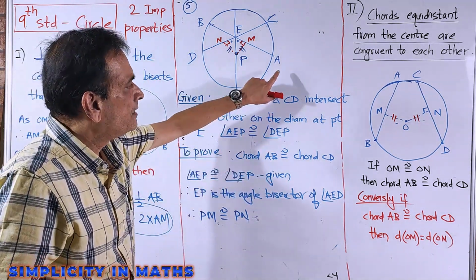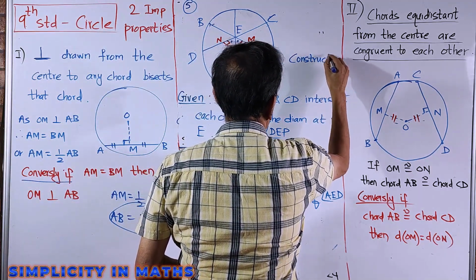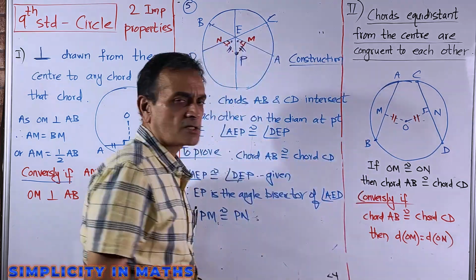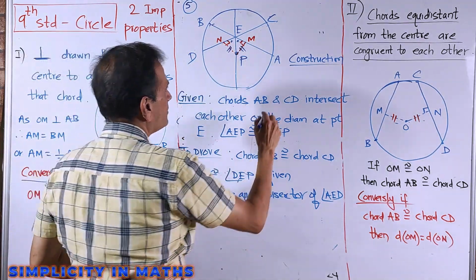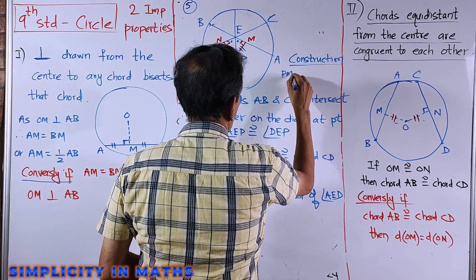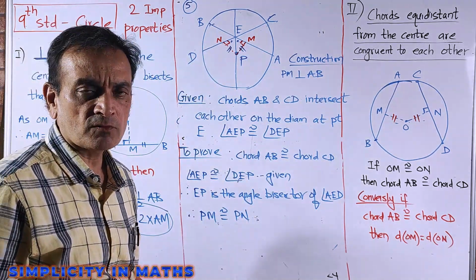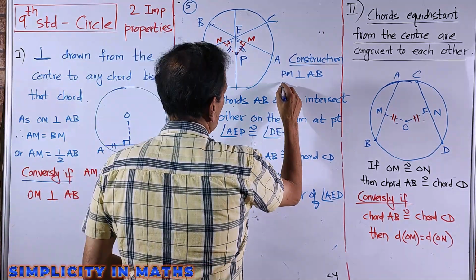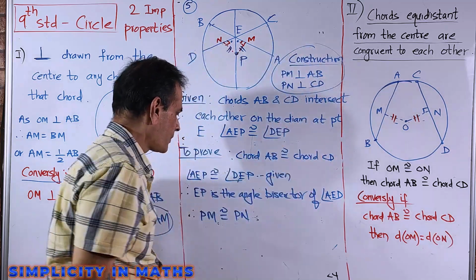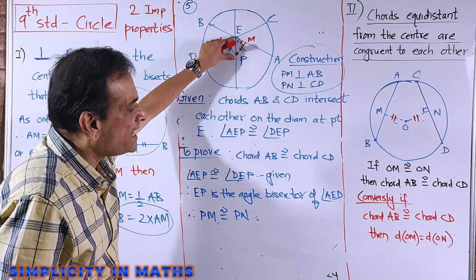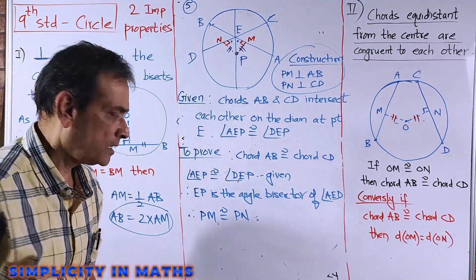And one important thing we have to write in the construction: we just have to mention draw PM perpendicular to AB, PN perpendicular to CD. That perpendicular word is important because it is the distance of the center from the chord. That is the construction. So because EP is the angle bisector of angle AED, PM equals PN. Reason?